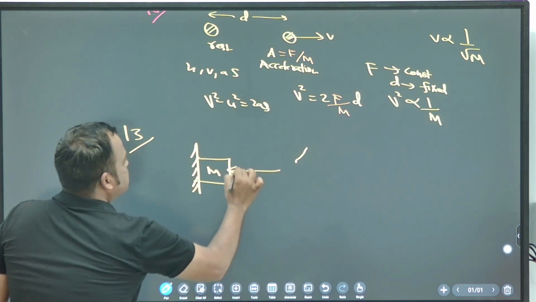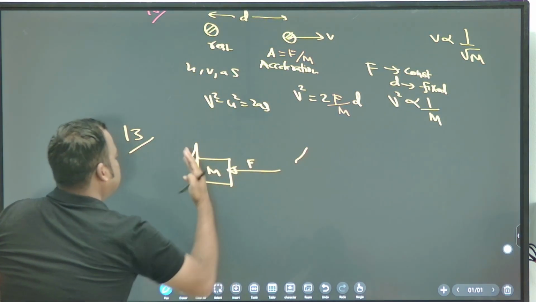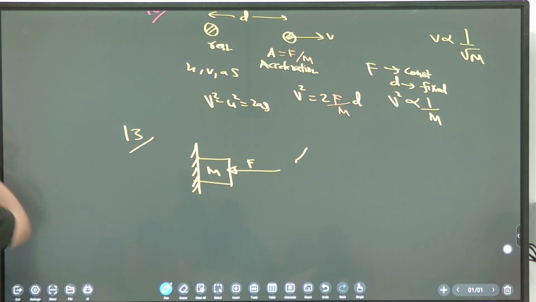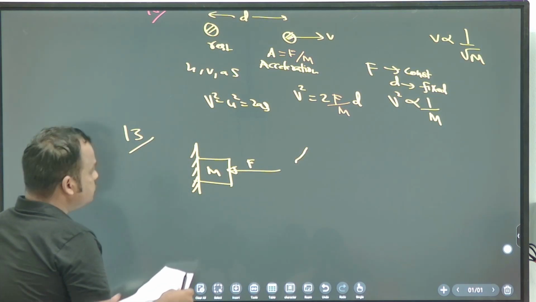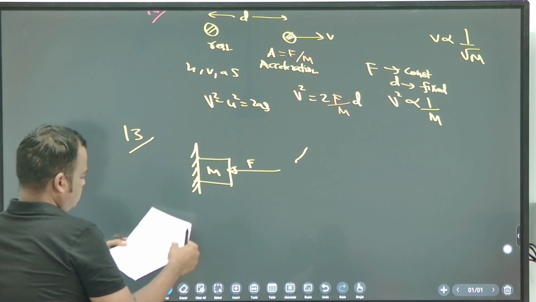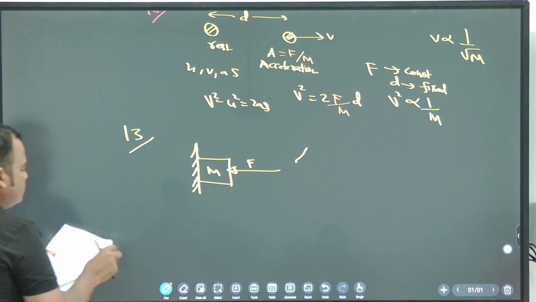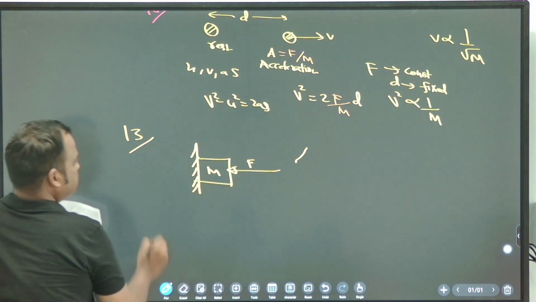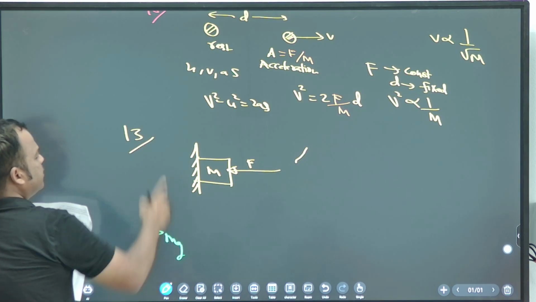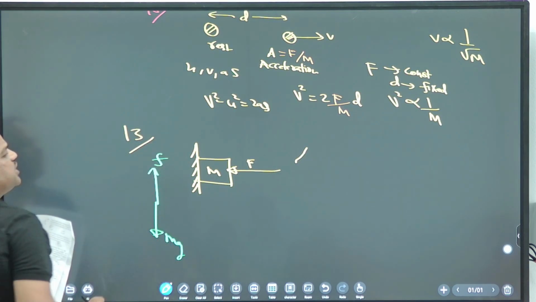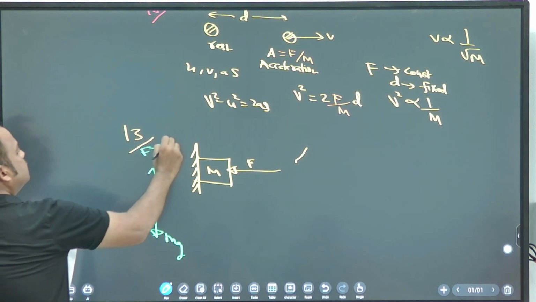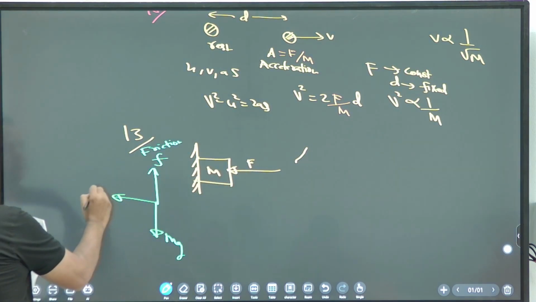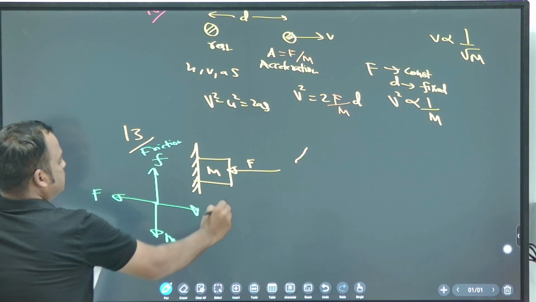You are exerting force like this. So what is the downward force? mg. Upward force? Friction. Leftward, capital F. Rightward force? Normal.